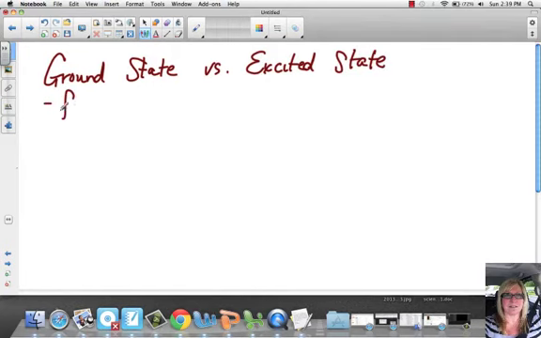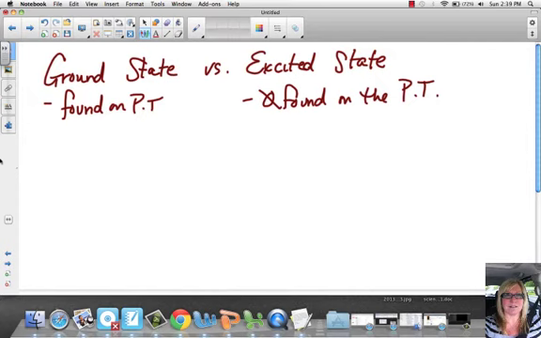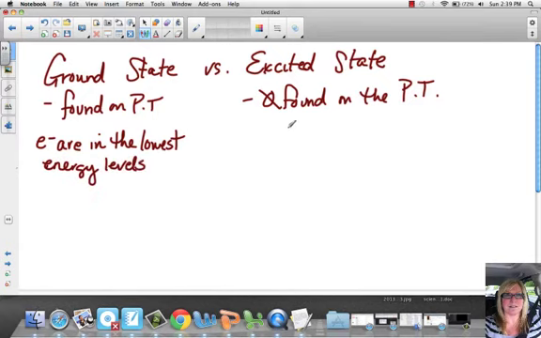This is found on the periodic table. Not found on the periodic table. Electrons are in the lowest energy levels. Electrons jump to higher levels.